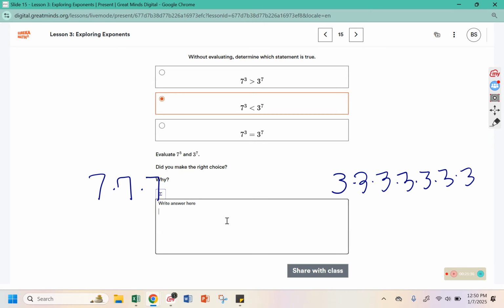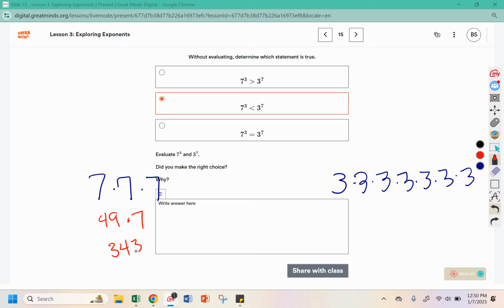Now it says evaluate. Did you make the right choice? Well, this would be 7 times 7 is 49. And then 49 times 7 is 343. This one would be 3 times 3 is 9. 3 times 3 is 9. 3 times 3 is 9. And then we have another 3. 9 times 9 is 81.